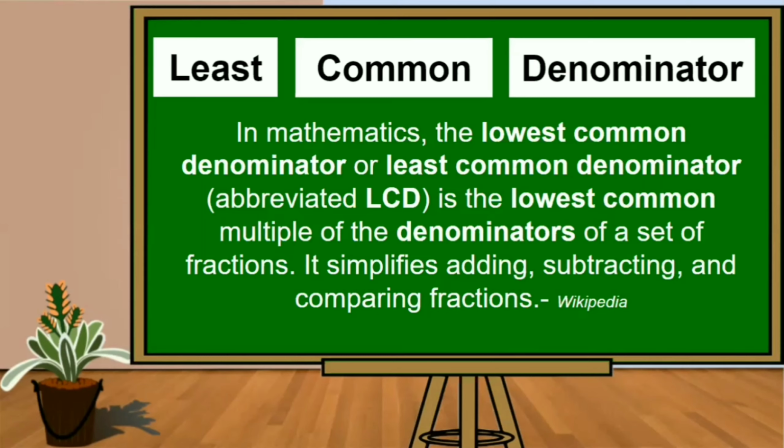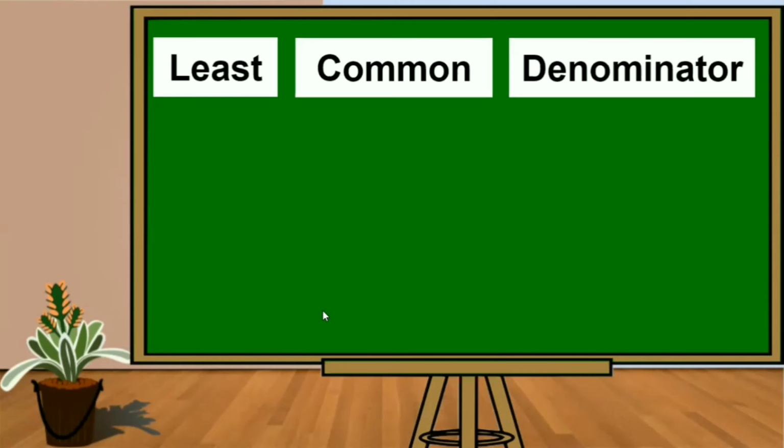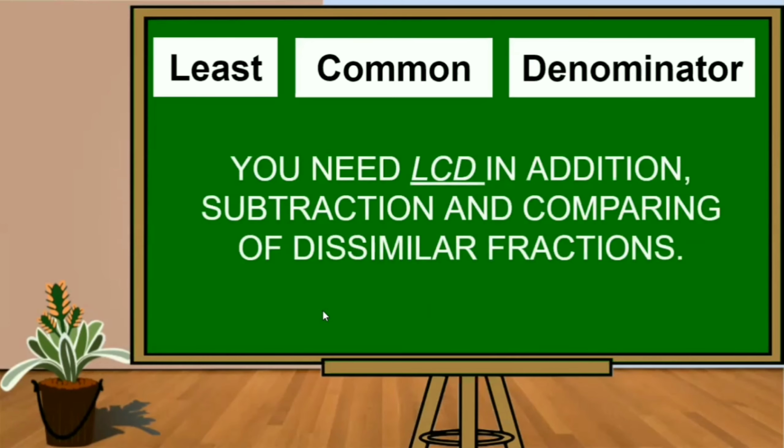Bakit nga ba mahalaga na alam natin kung paano kuhain ang LCD ng fraction? So napakahalaga niyan. Kasi you need LCD in addition, subtraction, and comparing the similar fractions. So kapag nasa discussion na ng basic operation ng fraction, napakahalaga na alam mo kung paano makuha ang LCD.